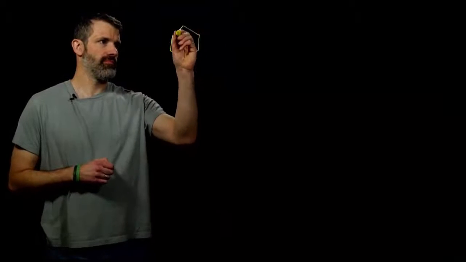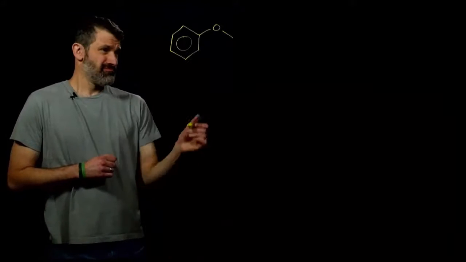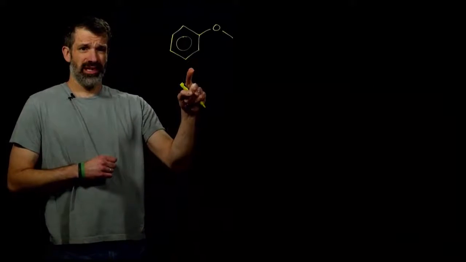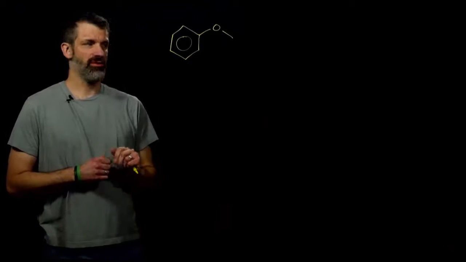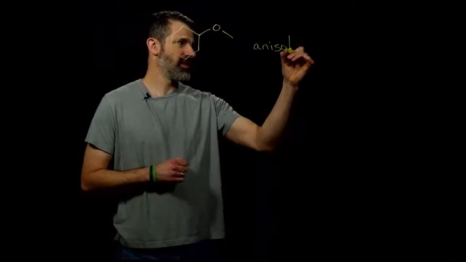One thing to know when it comes to ethers is there is one special name for one particular ether. That is an aromatic ether with a benzene ring on one side and a methyl group on the other. This goes by the name anisole.